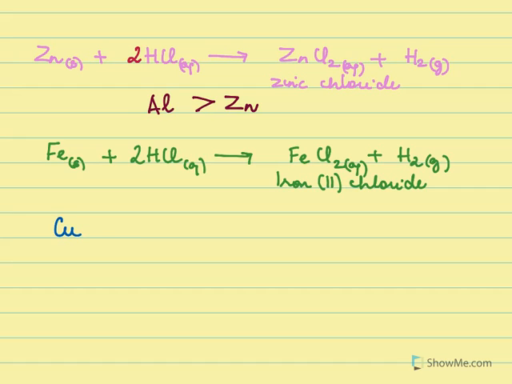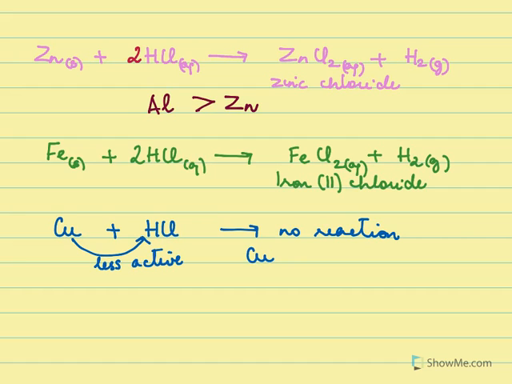Now when it comes to copper, copper with hydrochloric acid, no reaction, which means copper cannot displace the hydrogen. It's unable to displace the hydrogen because it is less active. So copper is less reactive than hydrogen.